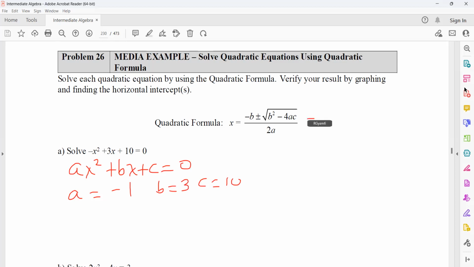So my x is going to be equal to minus B, which is minus 3, plus or minus the square root of B squared, which is 3 squared, minus 4AC. And A is negative 1, and C is 10. Divided by 2A. What is 2A? 2 times negative 1.